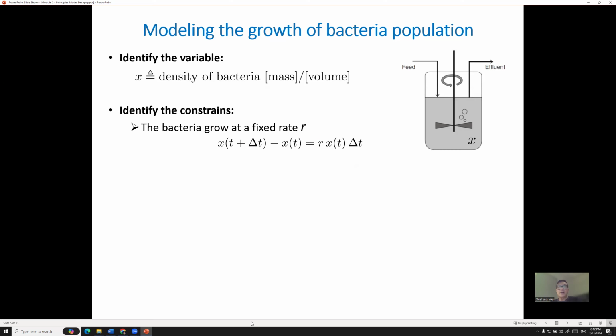This means that the variation of the density x over a finite time delta t should be proportional to x according to a rate parameter we call R here. This R indicates the constant proportionality between the growth of the bacteria and the density of the bacteria. The growth means the change of their density. The change of density over time should be proportional to the density of the bacteria.